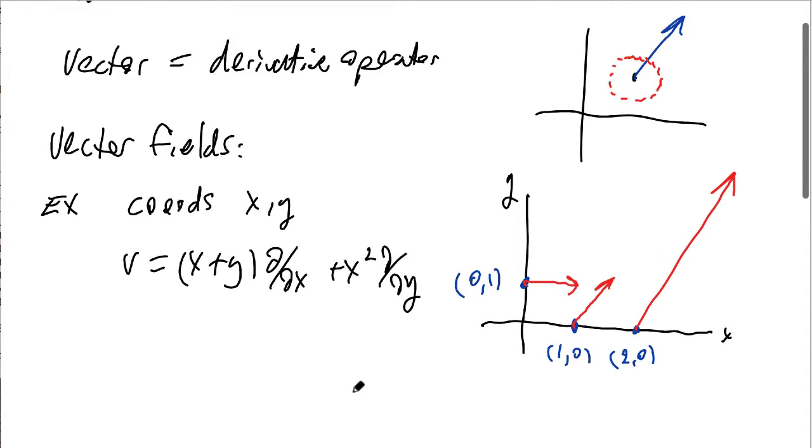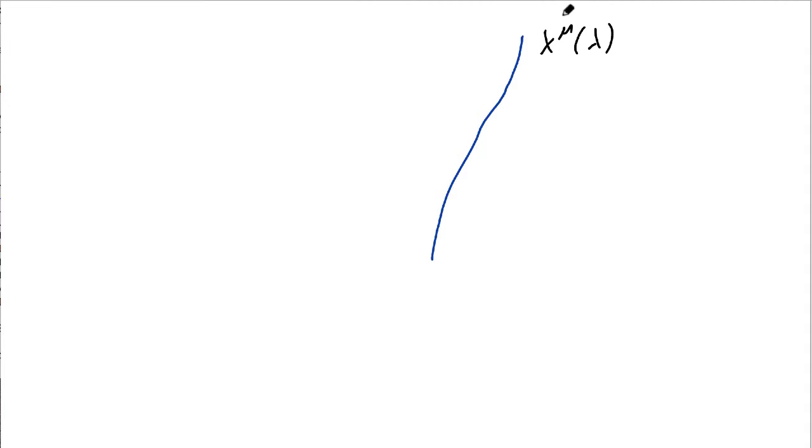Let's say we want to differentiate a vector field along some curve. So here's a curve. Let's say this curve is given by the coordinates as some function of a parameter lambda. And here's one point on the curve. Let's call this point P. And since this is a vector field, we have a vector at each point.